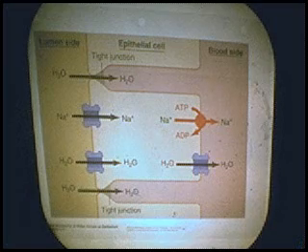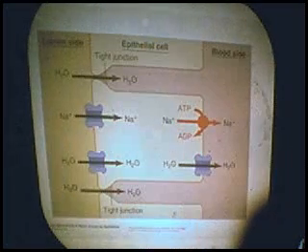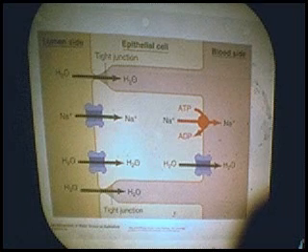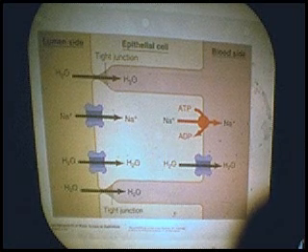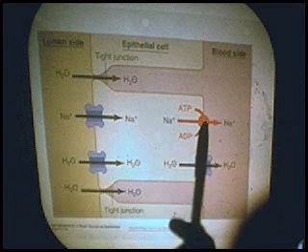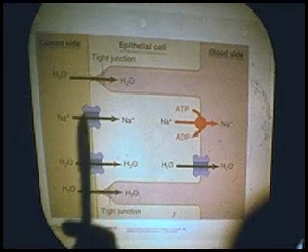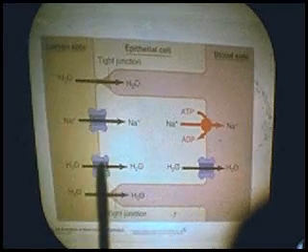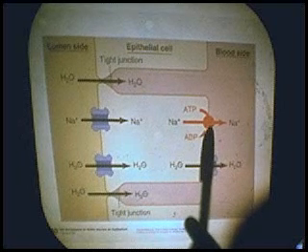We've already talked about tight junctions. Water can go through tight junctions, not a whole lot, but most other things will not. So what you have to have is regulation on the serosal side and the luminal side. In this case, channels and pores that allow material to pass through, and transporters.